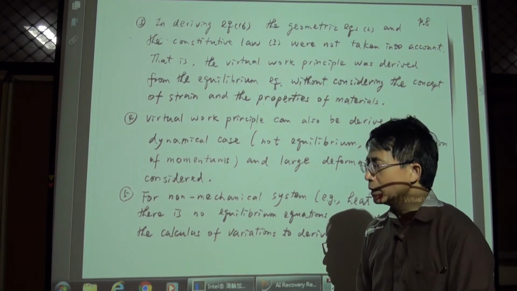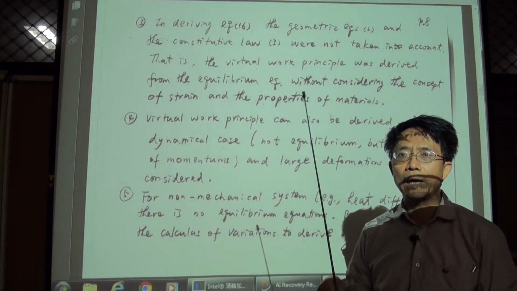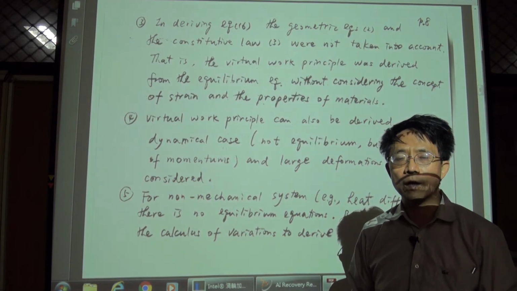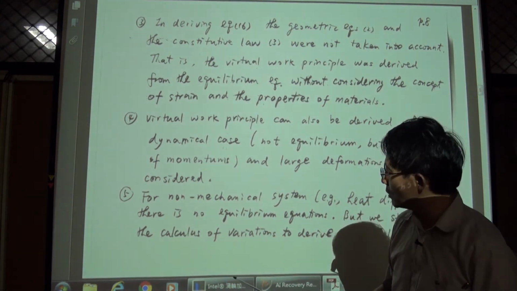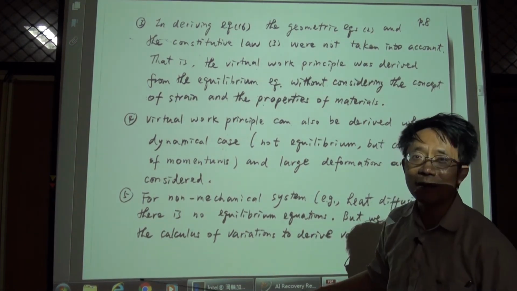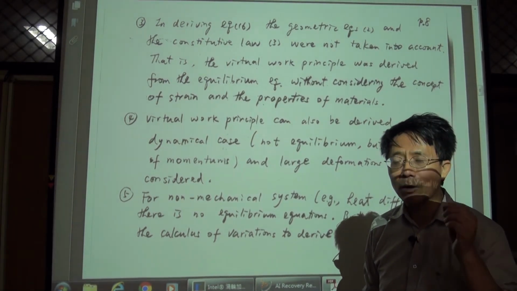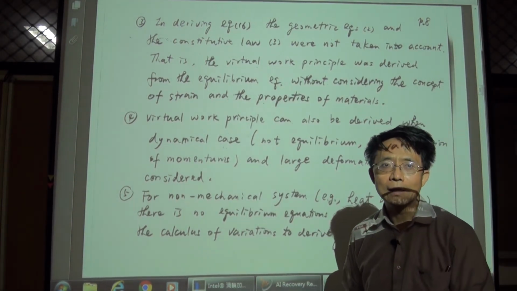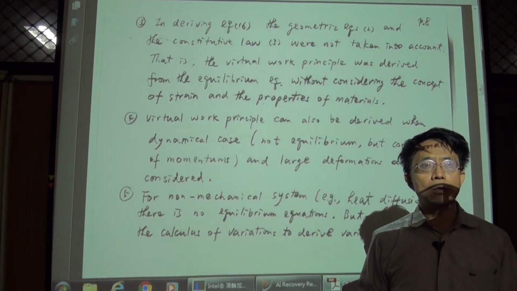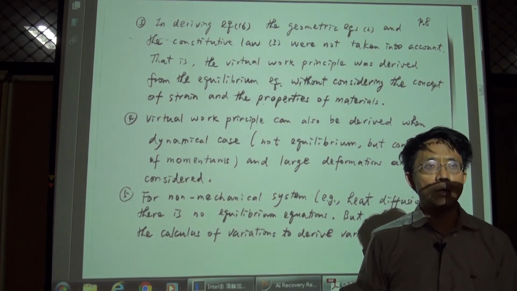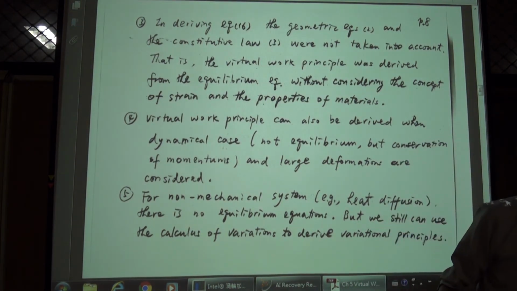So classical mechanics is only one branch of the whole theory of physics. For other branches of physics, we still can have a similar variational principle. They are not called the virtual work principle. They are called the variational principle. So this can broaden our view. We don't confine ourselves only to the principle of virtual work.